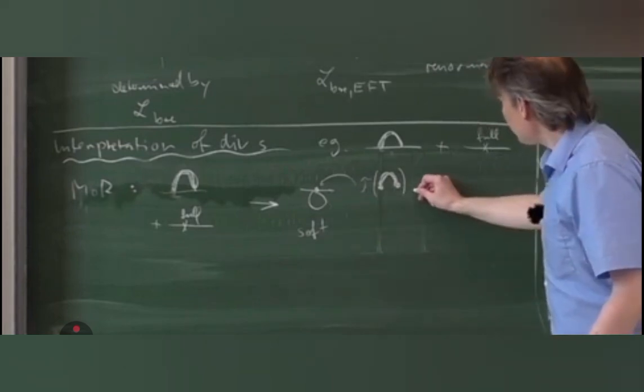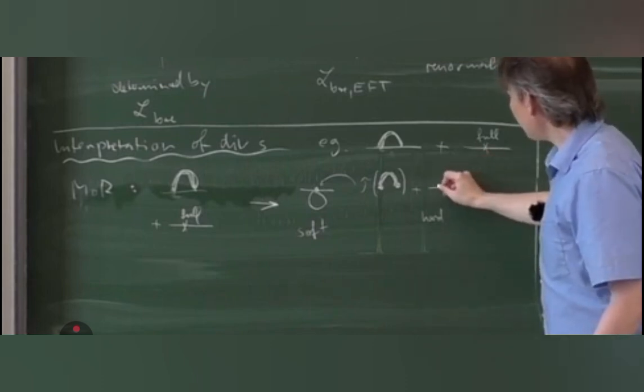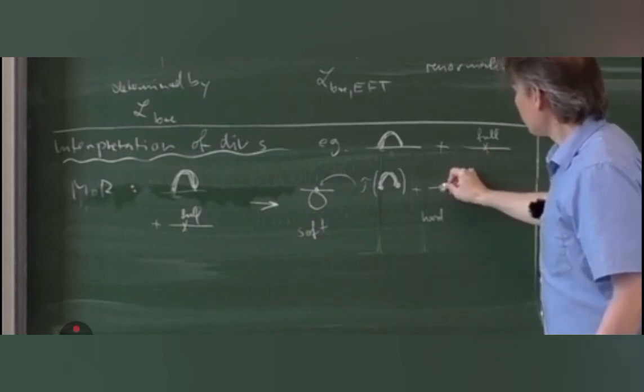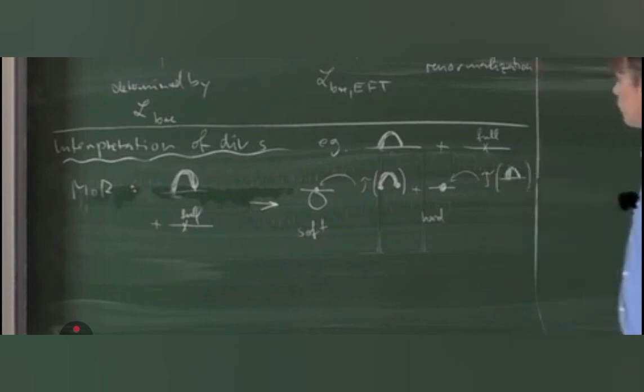And on the other hand, we have the hard part, which is just this here, where that is given by the Taylor expansion of the full one loop diagram with respect to its external momenta and light mass scales. So this is a polynomial in the external momenta and masses of the graph.